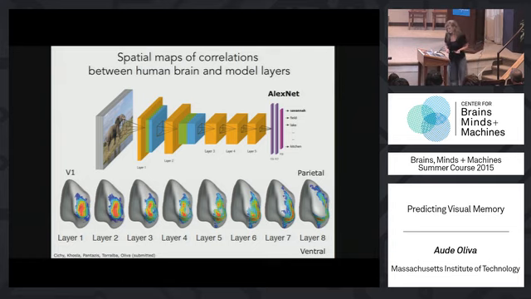And what we find is that layer 1 has a higher correlation with responses in the visual area, literally V1, V2. And as you move up through the layers, there is higher correlation with parts of the ventral and the parietal part of the brain.